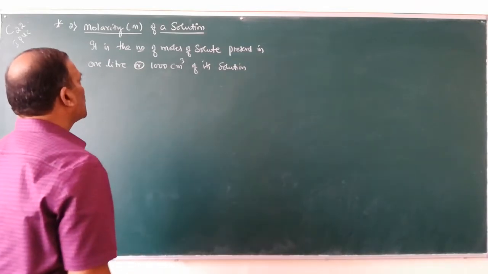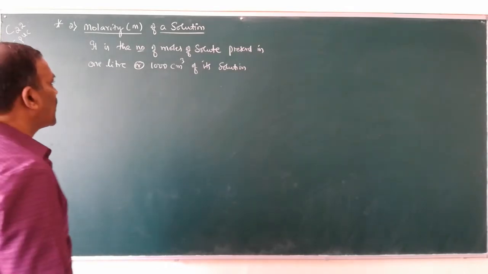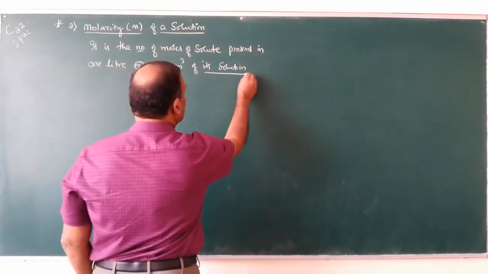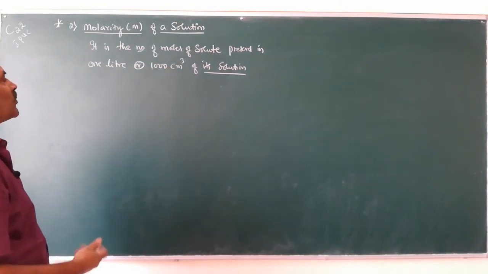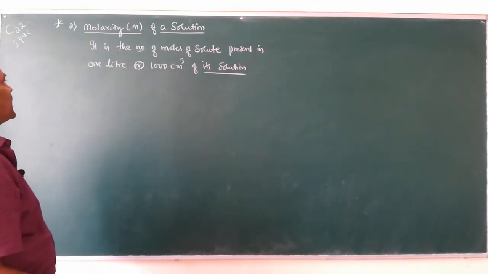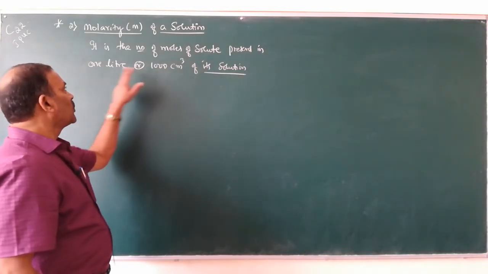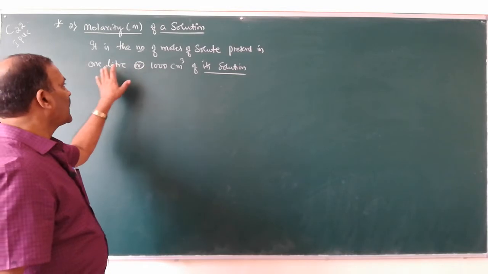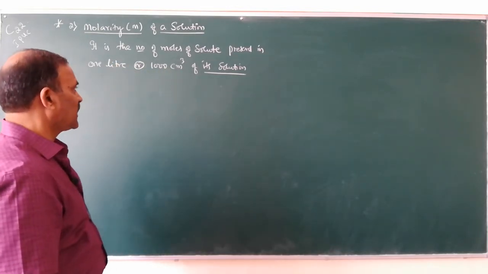It is the number of moles of solute present in 1 liter of its solution. It is very important. 1 liter is nothing but 1000 cm cube of its solution.